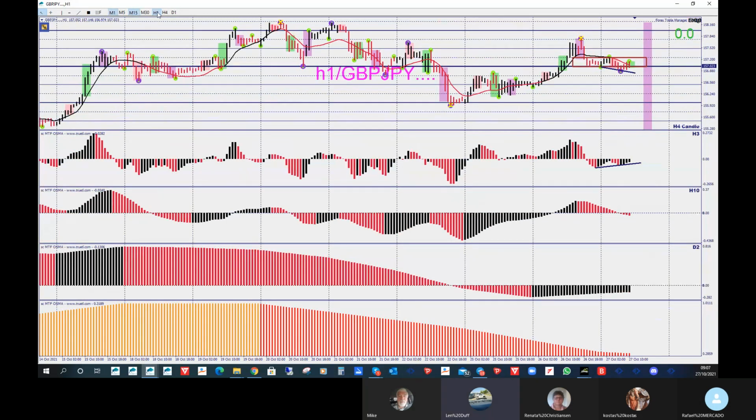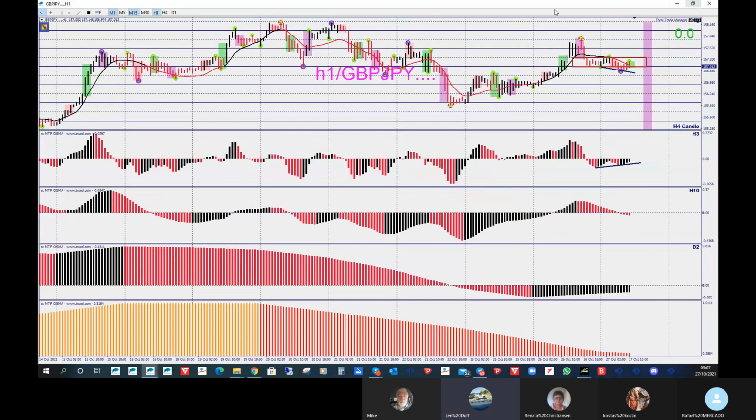Like Aussie yen. I think that one had a nice trade on it earlier. That was a good one earlier, Aussie yen, but that was during the Asian session, and now it's consolidating.